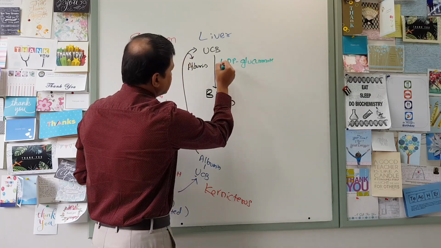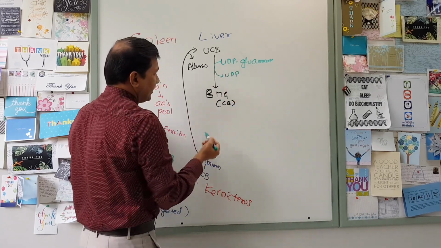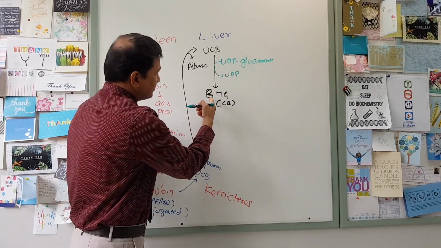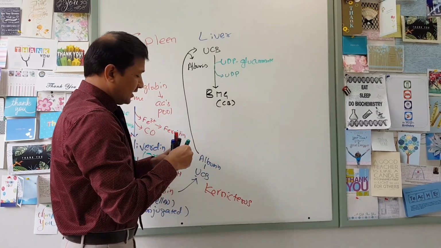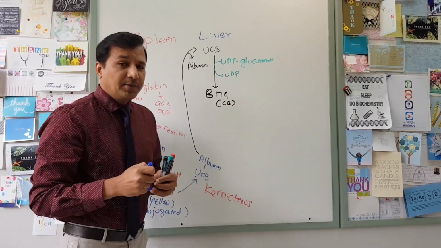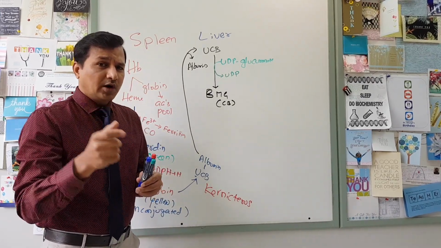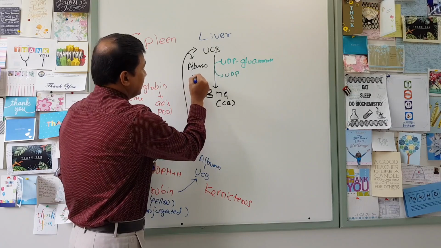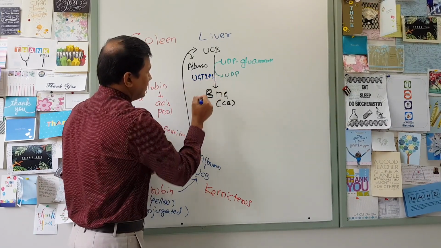UDP glucuronate gets into the reaction, UDP goes out and glucuronate will bind. That is why it is called bilirubin monoglucuronide. The job is done by an enzyme called UDP glucuronosyl transferase 1A1, which is simply written as UGT1A1. This is the name of the enzyme.